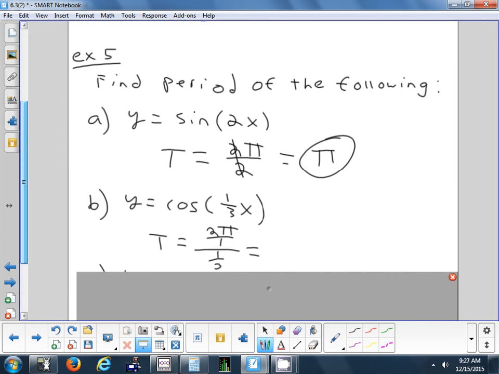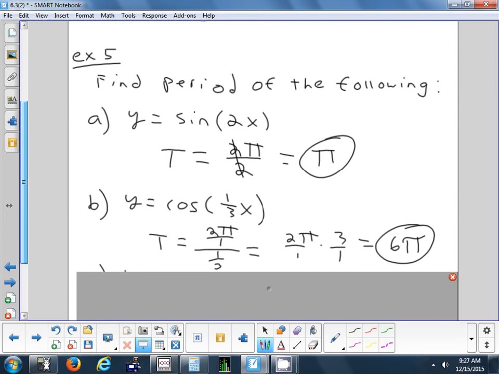You don't need a common denominator. Just take the top and multiply by the reciprocal of the bottom. What's the period here? 6 pi. Is this longer or shorter? Stretched, it's a lot longer. It's triple the length it would normally be.